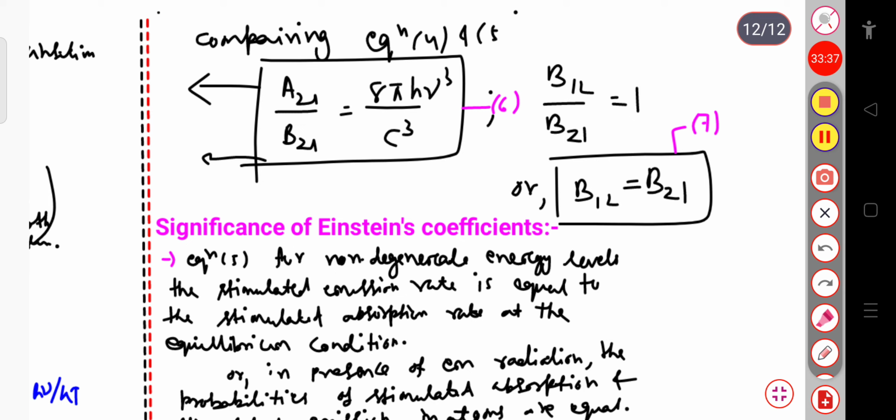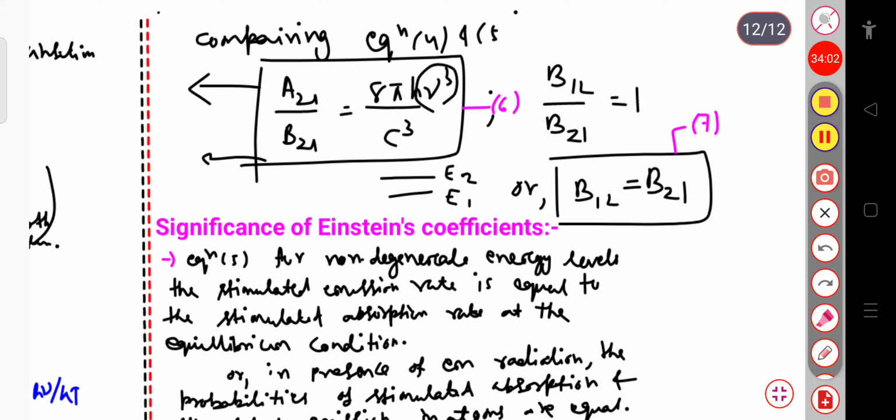So the ratio between the two will be directly proportional to nu cube. That is, the energy difference between the two levels, E2 minus E1, is h nu.